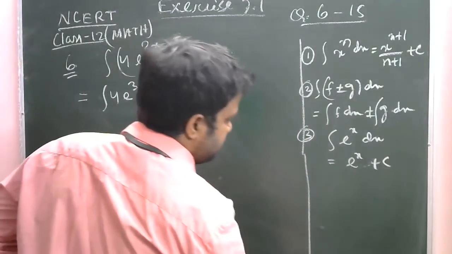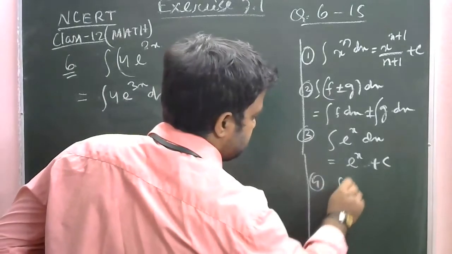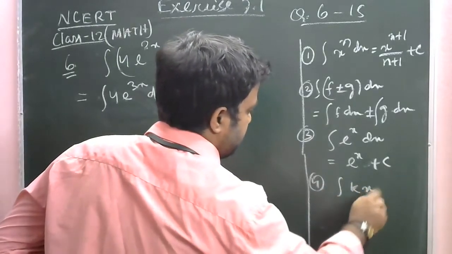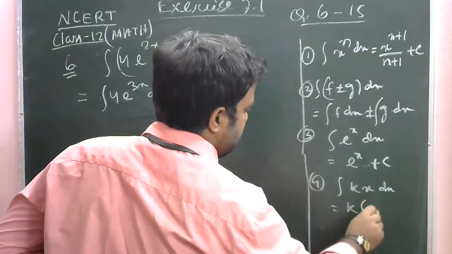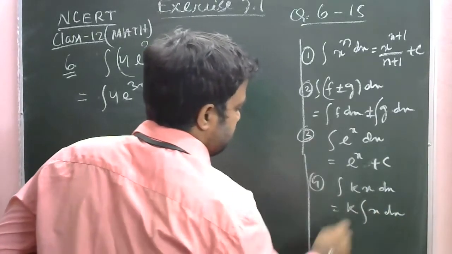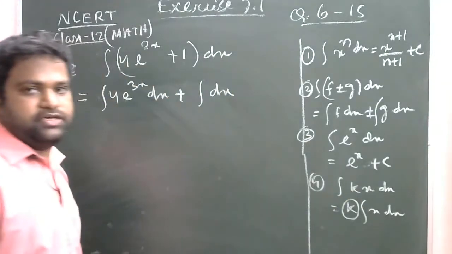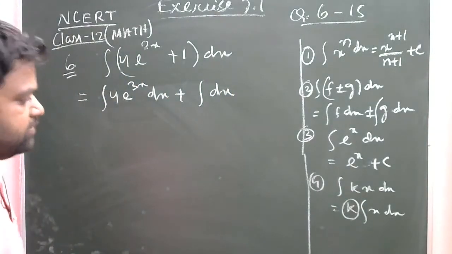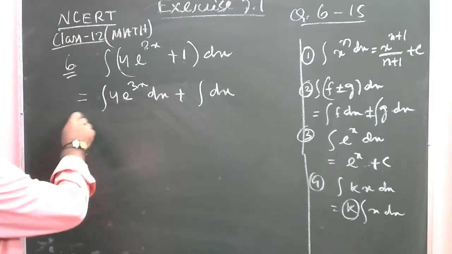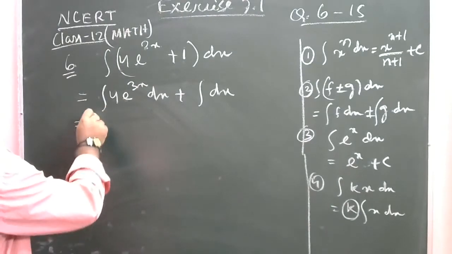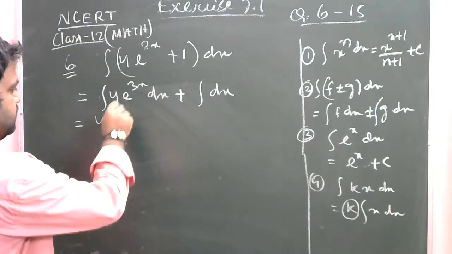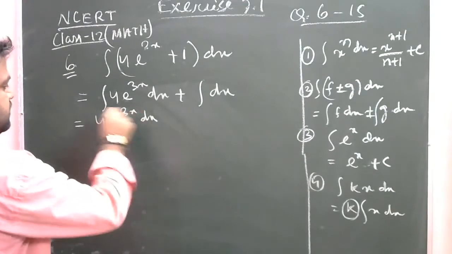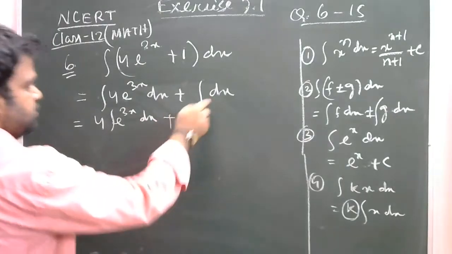Another formula you can write: integration of k times f(x) dx is k times integration of f(x) dx. Okay, so k comes outside, like in derivatives also k comes outside. So here also the constant will come outside, 4 will come outside here. Then integration of e to the power 3x dx plus integration of dx.